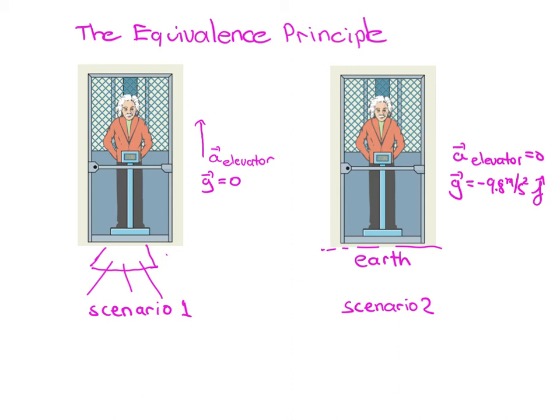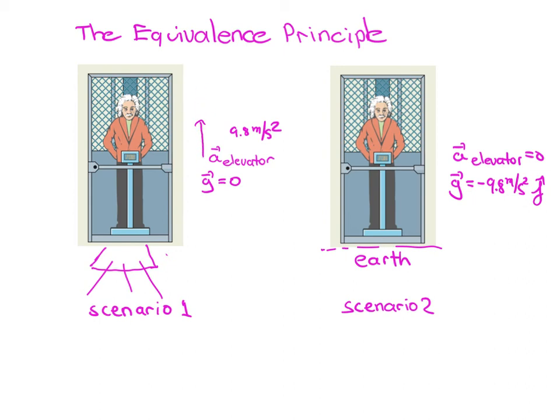So even though you're in deep outer space, you can fire the engine and make the elevator accelerate upward. And let's imagine that the magnitude of this acceleration is 9.8 meters per second squared in the upward direction. So that's scenario one.